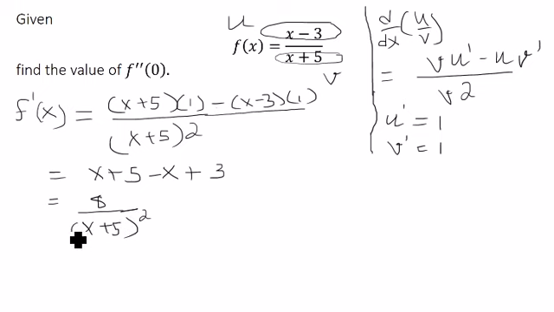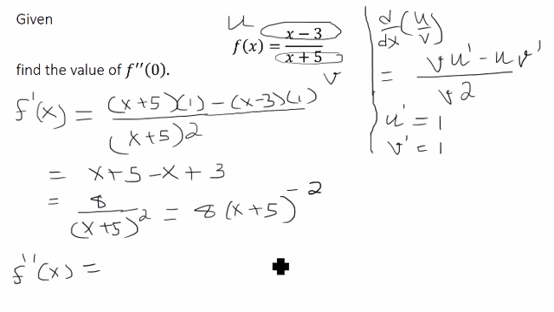Now we have to find the second derivative of this thing, so f double prime of x is going to be, now this is not a quotient anymore. You can think of this as 8 times x plus 5 to the negative 2. That might be easier for us. So I'm going to use the power rule.